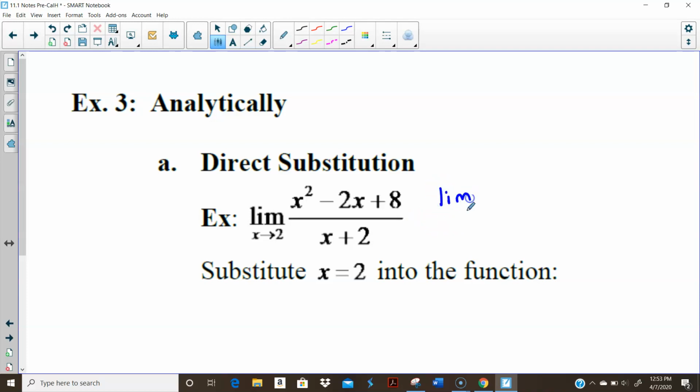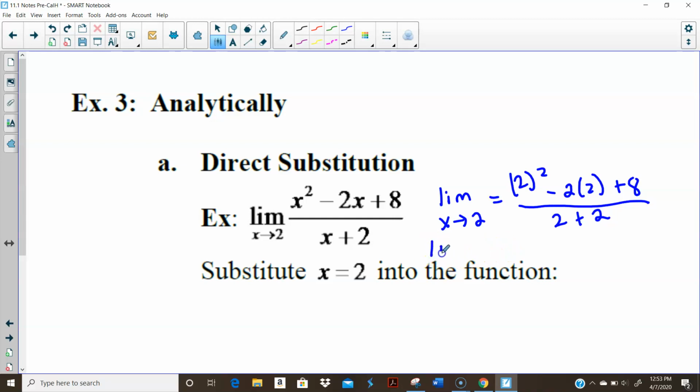So the limit as x approaches 2 is equal to 2 squared subtract 2 times 2 plus 8 over 2 plus 2. So if we go ahead and simplify that, we get the limit as x approaches 2 is equal to 4 subtract 4 plus 8 over 4.